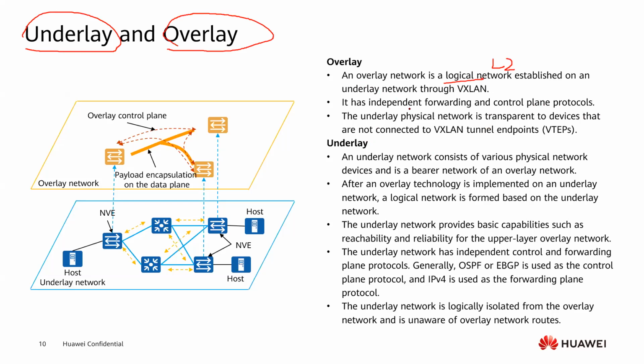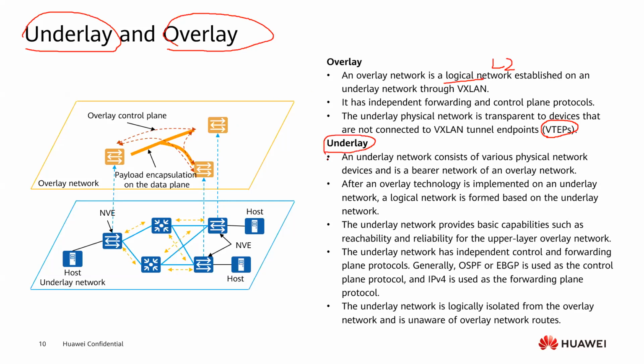The endpoint that encapsulates and decapsulates the packet, we call the VXLAN tunnel endpoint, VTEP. It's just terminology, just like in an IPsec VPN, we call the endpoint the peer, the IPsec peer, the IKE peer. For VXLAN, we call it VTEP. It means by using this device, the packet can enter the overlay and exit the overlay. That is the endpoint.